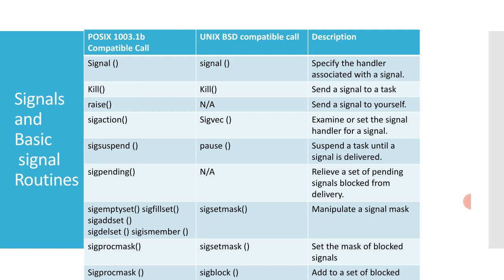You can see signal, kill, raise, compatible calls for POSIX: sigsuspend, sigpending, sigemptyset, sigfillset, sigaddset, sigdelset, sigismember, sigprocmask. And for Unix BSD, the basic BSD compatible calls are signal, kill, sigvec, pause. The description is shown below.